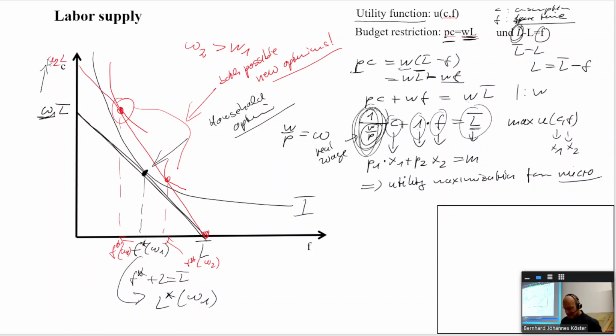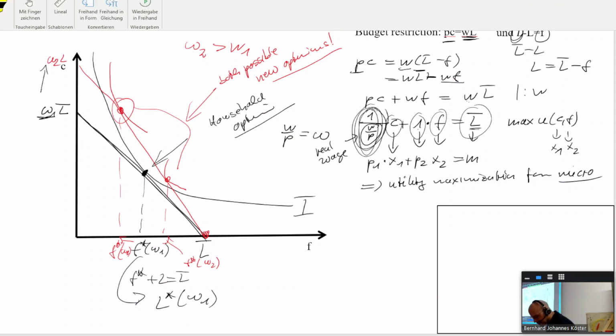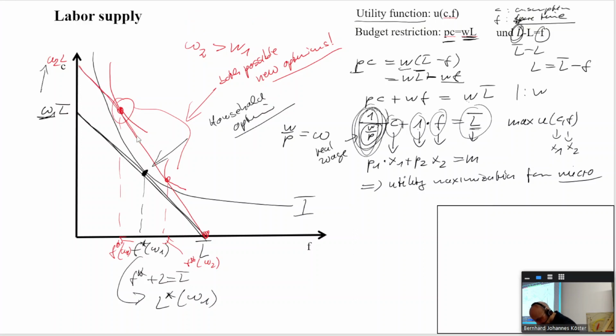Well, and then taking the red budget line now as your general restriction, you again look for the indifference curve which is as far away to the upper right side as possible.